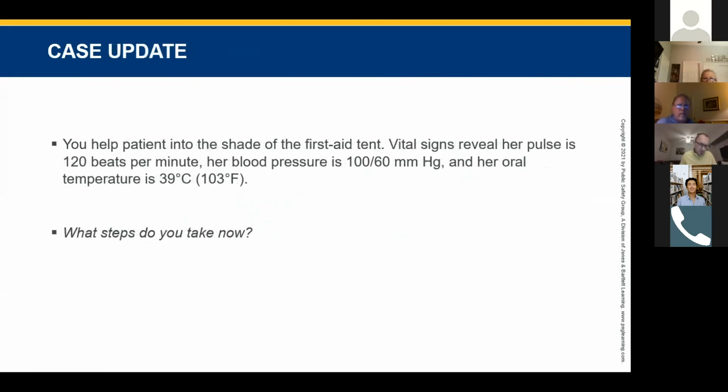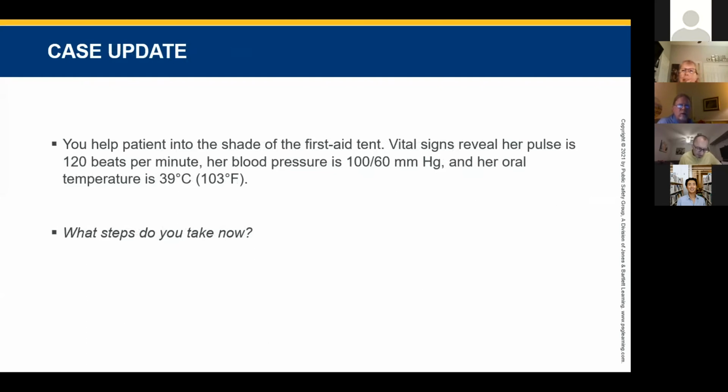Well, you took her out of the sun and put her in the shade. You did her vitals. Her pulse is 120 beats per minute. Her blood pressure is 100/60. And her oral temperature is 39, which is what? 103.